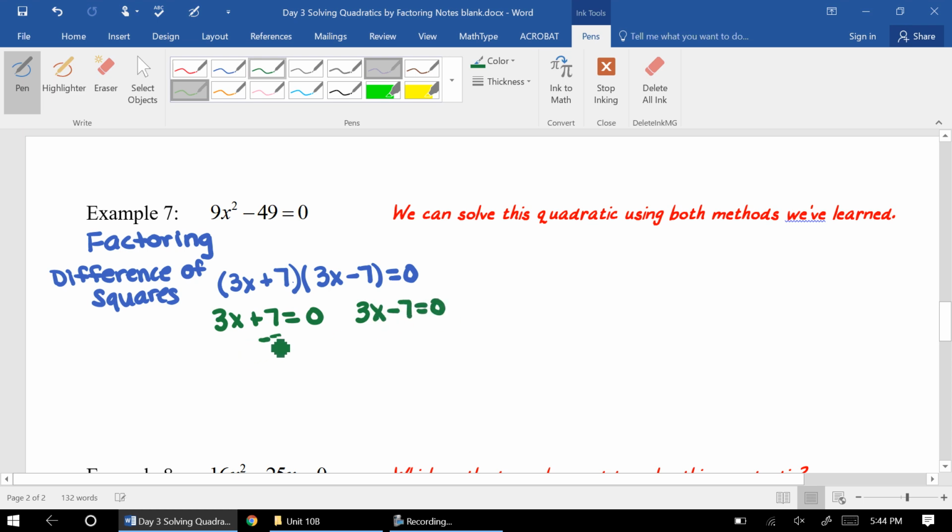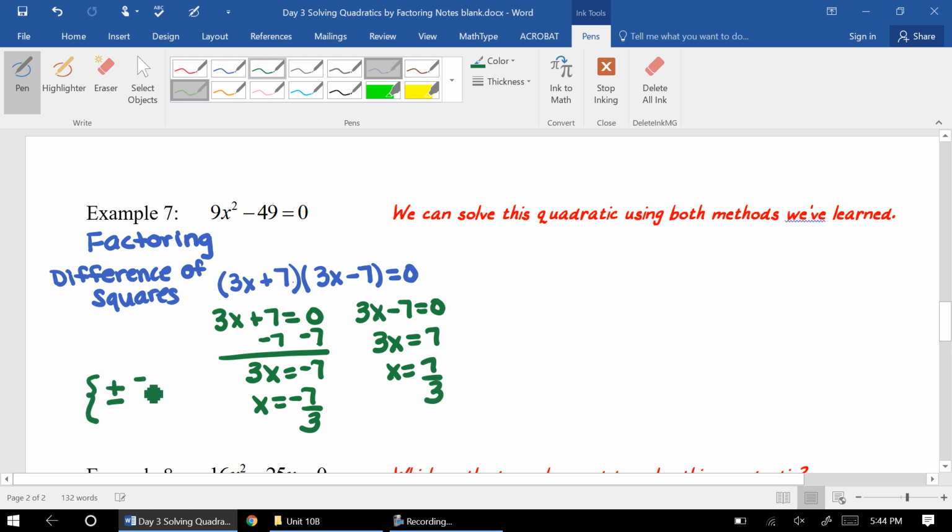So subtract the 7 and divide by 3. And over here, add the 7 first and divide by 3. So my solutions wind up being plus or minus 7/3.